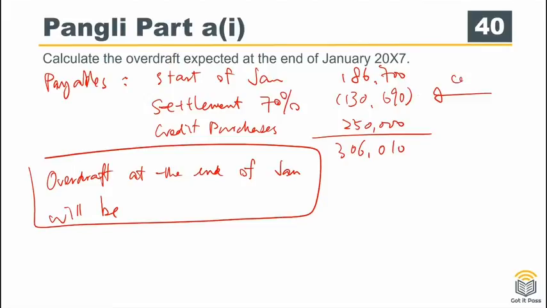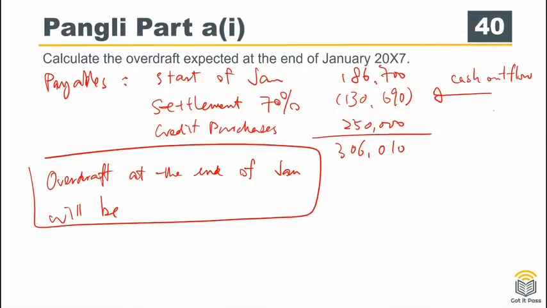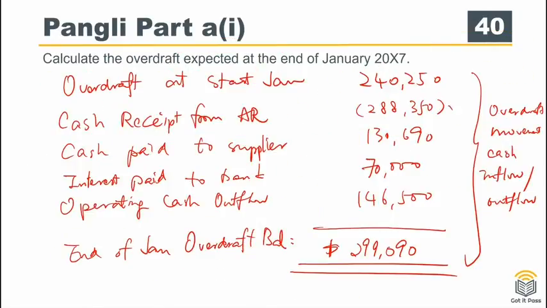When you receive from customers, it means cash inflow. The question also provides the information for the interest paid to the bank and the operating cash outflow. Then you get the ending balance on the overdraft by January.